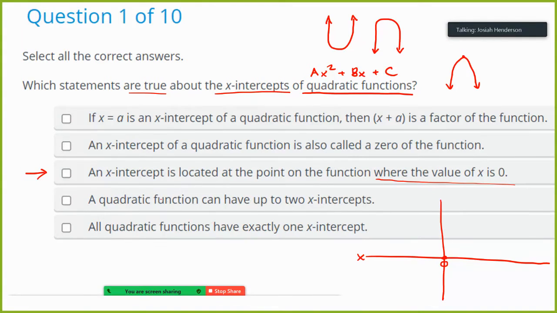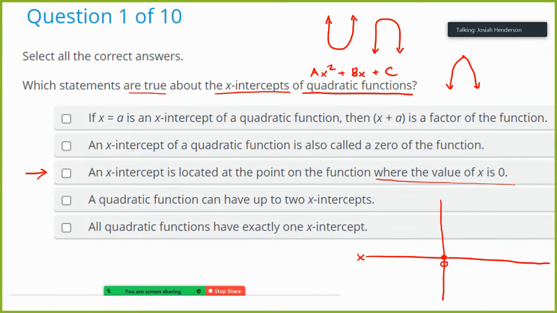So this third statement, and I think that was Manaya who pointed this out? Forgive me if I'm wrong. Was that Manaya? Yes. Awesome. Thanks, Manaya. What she pointed out is this third statement is incorrect all the time: an x-intercept is located at the point on the function where the value of x is 0. This statement is saying that it has to be right here all the time.